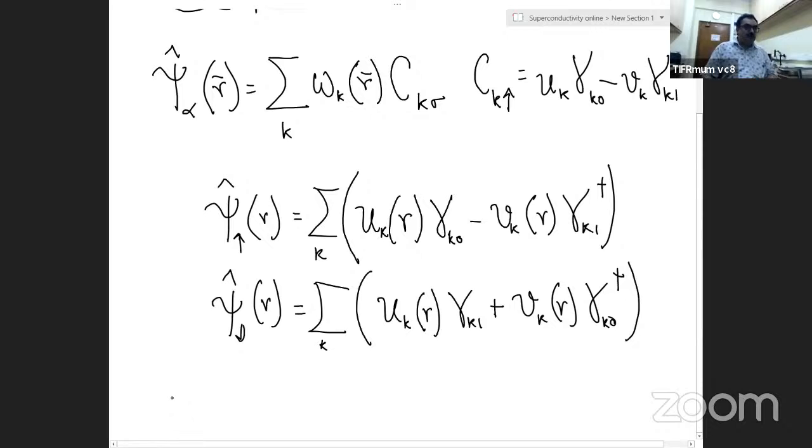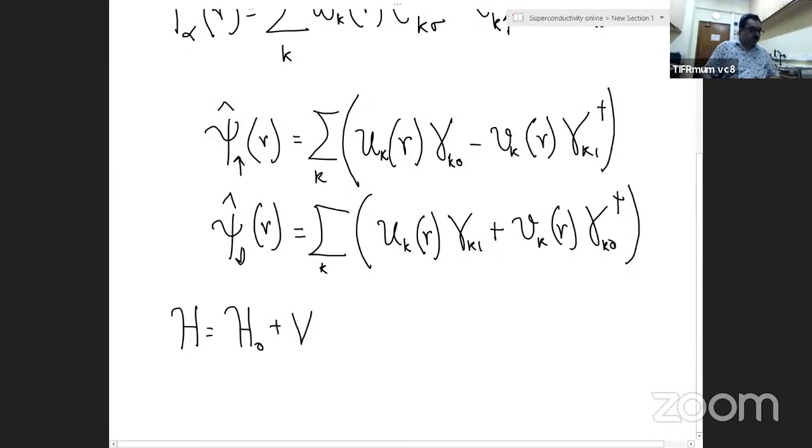So you know that the Hamiltonian of course has an unperturbed part and then it will have some potential V. Now in terms of this, what will be the first quantized and the second quantized? In terms of this, what will be the second quantized Hamiltonian?